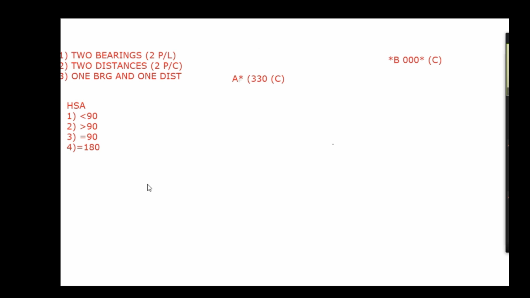Simply join A and B with a straight line, and B and C with another straight line. Now, what is the angle between A and B? A is 330, B is 000. So theta 1 is 30 degrees.